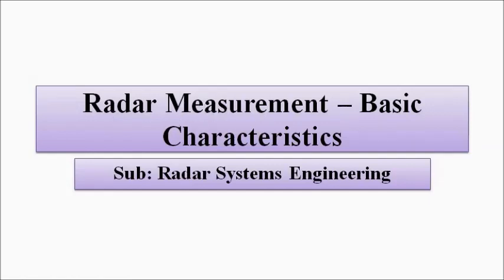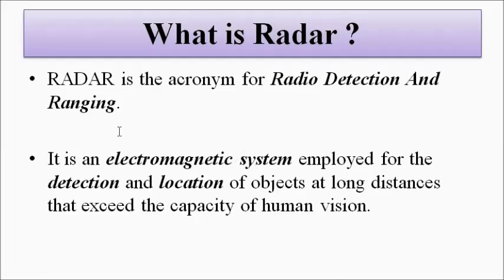Before doing that, we all know that radar is basically radio detection and ranging, which uses electromagnetic waves for detecting objects at long distances, which cannot be captured or seen by the naked eye. They exceed the capacity of human vision.